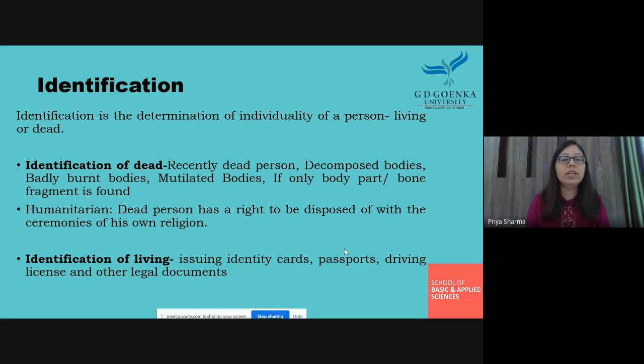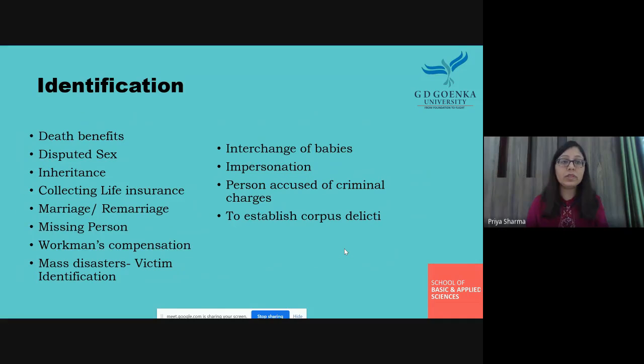In the case of the living, as you must have seen in our daily life, for issuing various identity cards, passports, driving licenses, and other legal documents, we need to establish the identity of a person. There are other areas as well, like death benefits or disputed sex, where people conceal their sex.